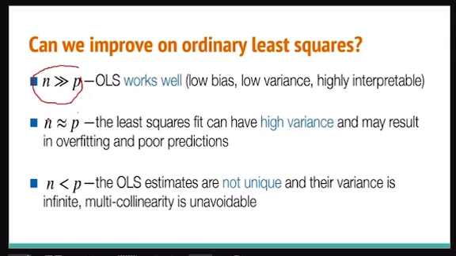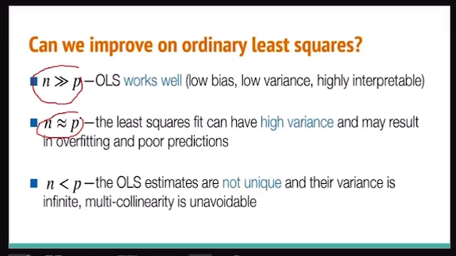But what about a situation where they are very close? The least square will still fit the data, but it's going to have a high variance, and that may result in overfitting and poor predictions. If I want to work on predictions, I'm going to split my data into a training set and a testing set. Has anybody heard about that before?